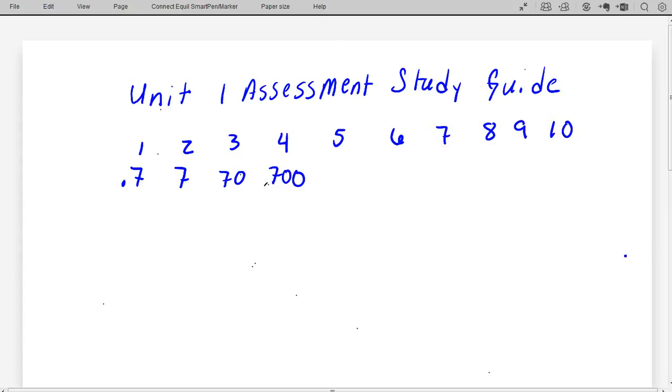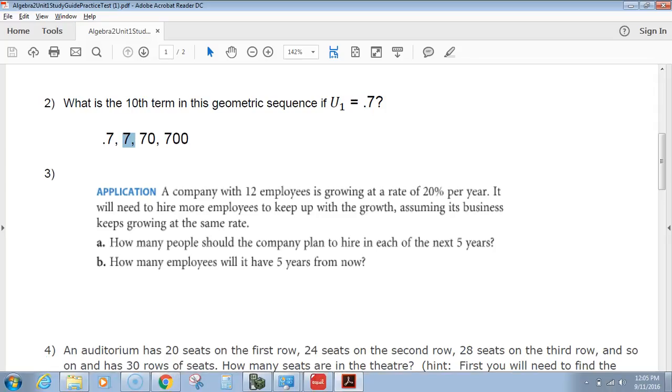I'm not going to do the whole thing for you, but each time if you multiply by 10, you'll get the next one. And I think the 10th ends up being 7 with 8 zeros. 1, 2, 3... 700 million. Okay, let's see what's next.